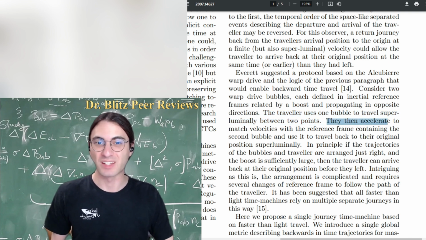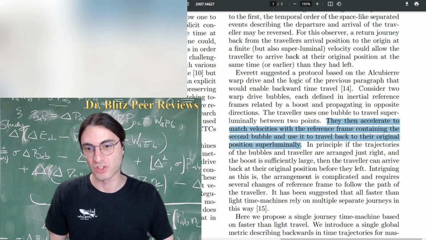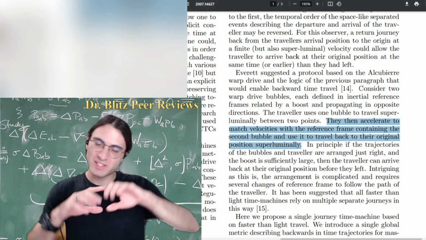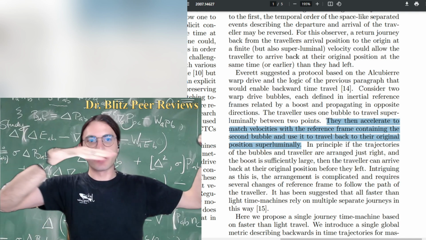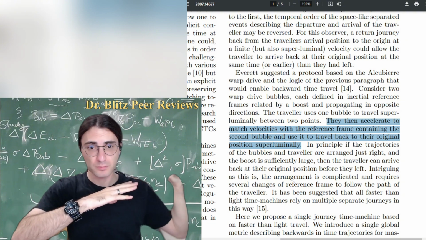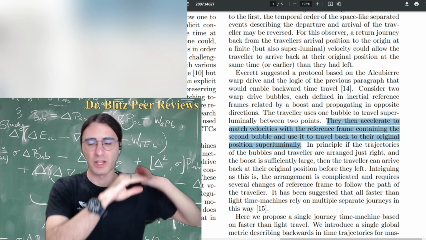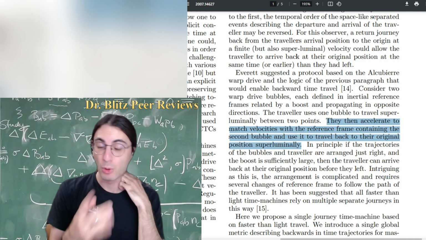They then accelerate to match velocities with the reference frame containing the second bubble, and use it to travel back to their original position superluminally. So you have two bubbles going in opposite directions. They take one to get somewhere, then they speed up in a normal way with a normal rocket, hop inside the second bubble, and then travel back, both faster than the speed of light.